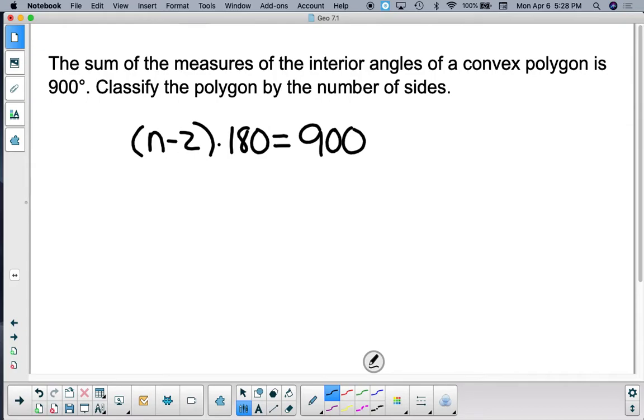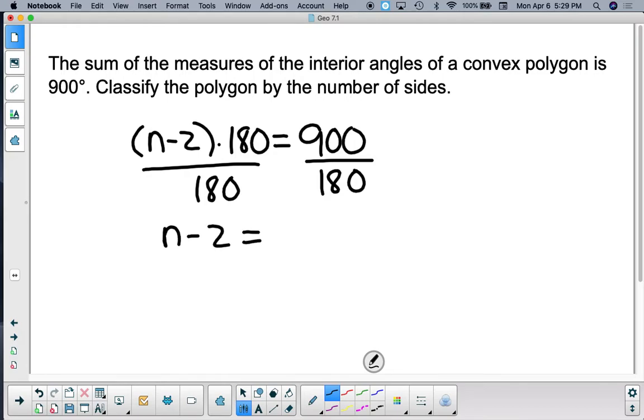So what would you do first to solve for n? You would divide by 180. So 900 divided by 180 gives you 5. Then your last step is to add the 2 over, so n is 7.